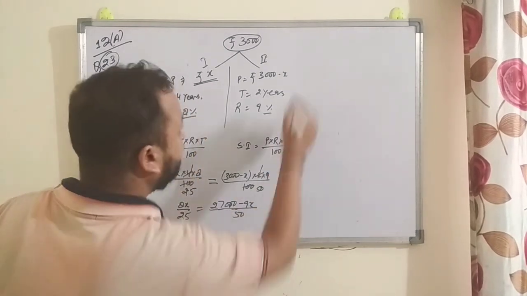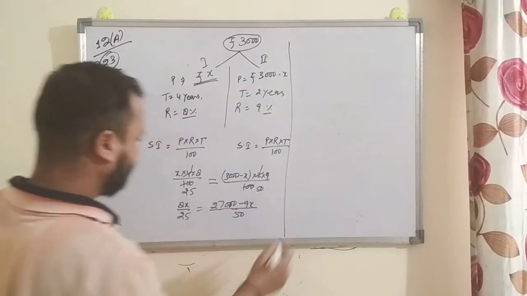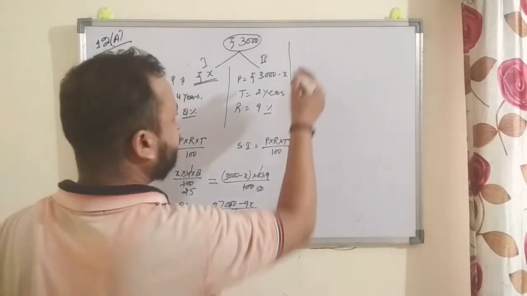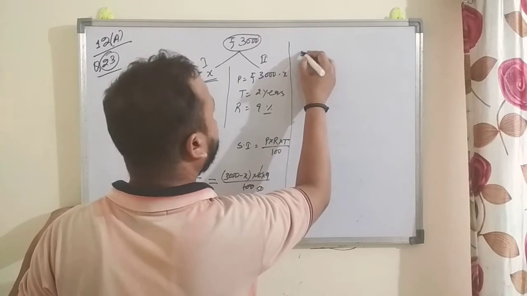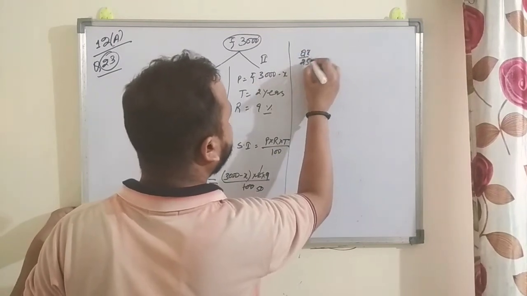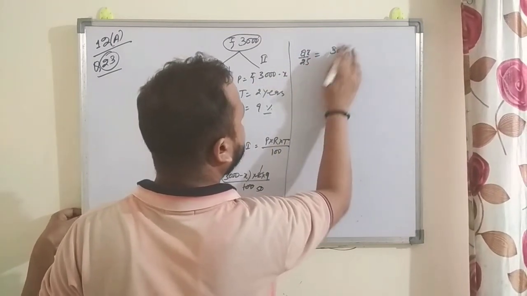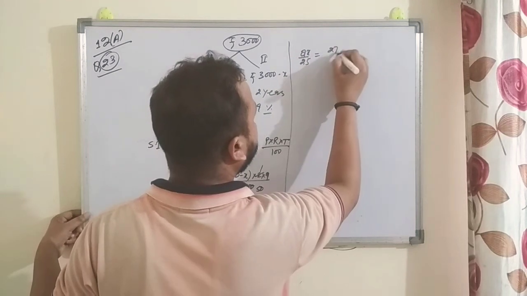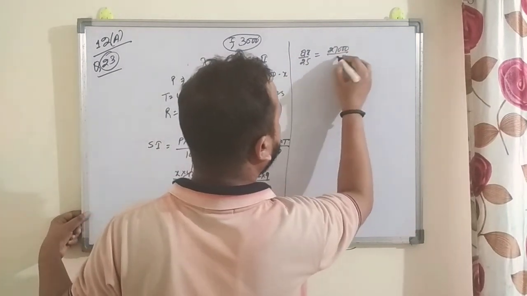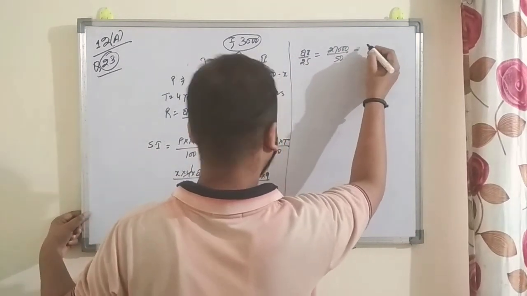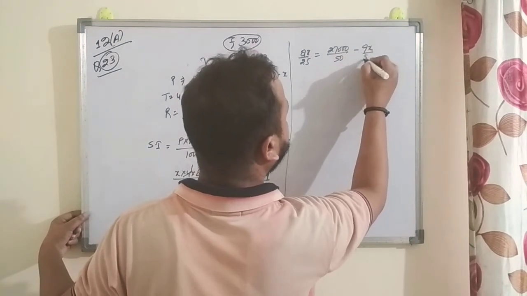So I'm solving it here. You can write it as 8x by 25 is equal to 27,000 upon 50 minus 9x by 50.